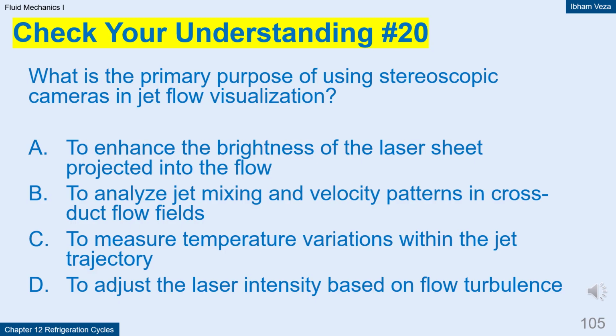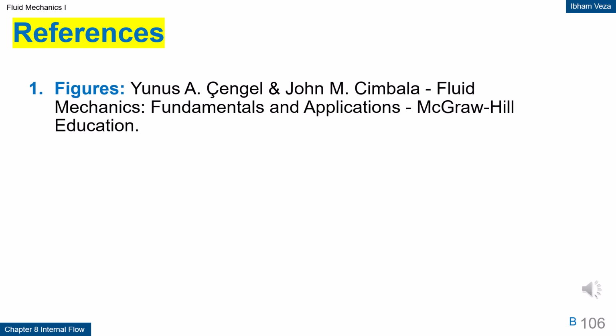Their role is to capture and analyze the flow behavior. C is incorrect because temperature variations are not the focus of stereoscopic cameras in this application. D is incorrect because adjusting laser intensity is unrelated to the function of stereoscopic cameras in flow visualization.